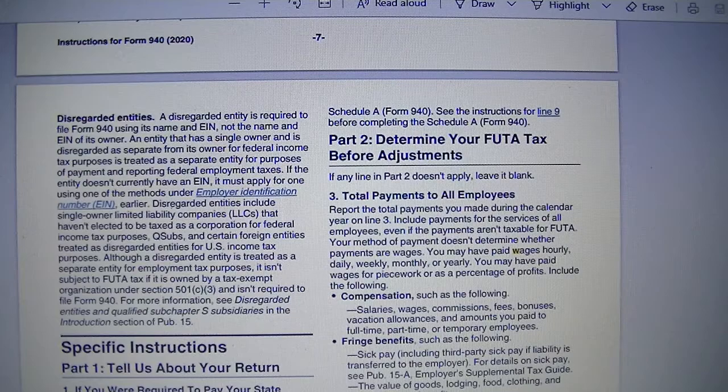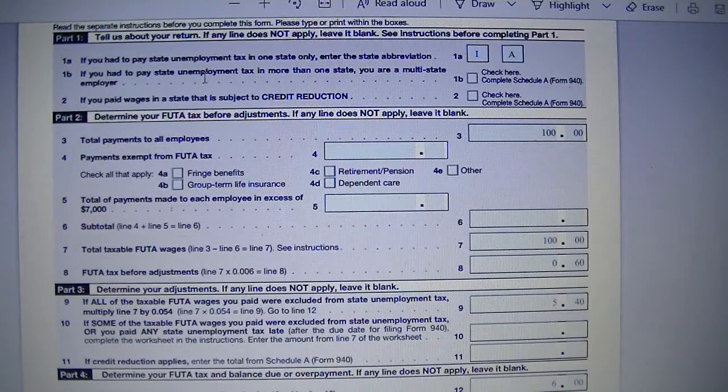Okay. So the instructions are on page 8 of the 2020 instructions for Form 940. In our test problem, we left it blank and we just put IA for Iowa on line 1A.